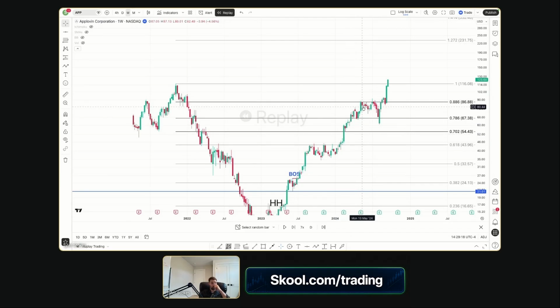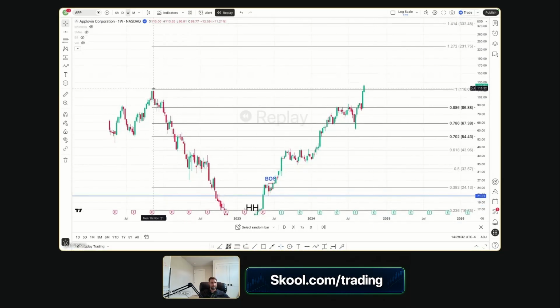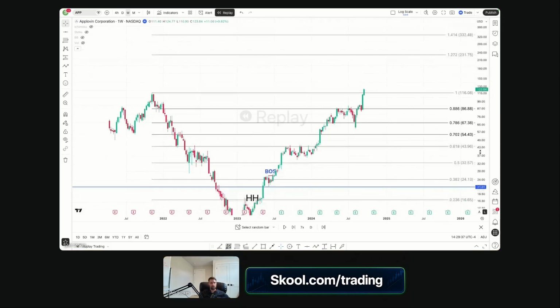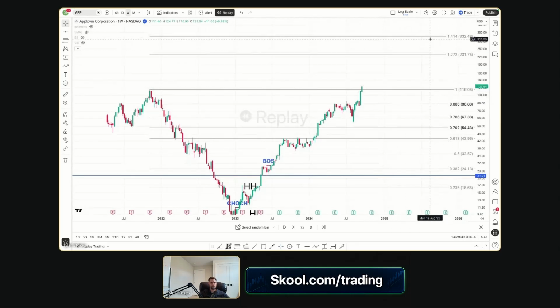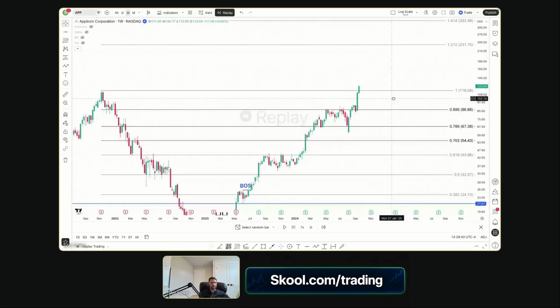Generally, stocks just don't blast through this 886 the first time. This stock gets really bullish, so it moves through the 702, 786, but here is resistance. And then as we break into a previous high, we're generally going to not break through the first time. I've looked at this chart before, so I know we get really bullish here, but I can't remember if we just blast through this.